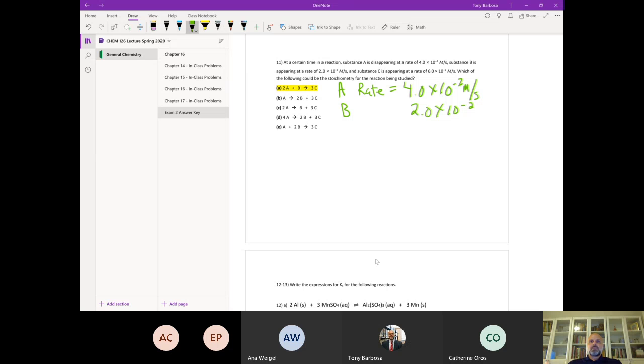As I keep shrinking the flask, I'm compressing the gas molecules so they're getting closer and closer together because I'm shrinking the volume. And in order to accommodate the shrinking volume, the equilibrium is going to shift from the side where you have 10 gas molecules to the side that has 9 gas molecules.